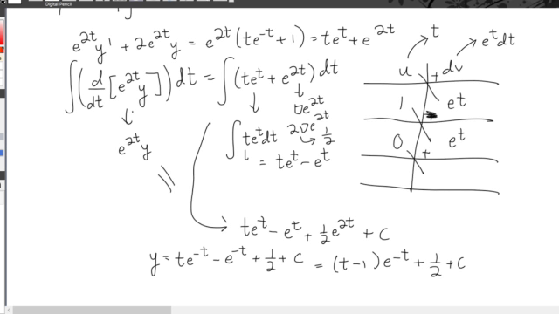Oh yeah, I think actually I was supposed to divide c by e to the power of 2t as well. So this is c times e to the power of negative 2t. So actually you can't combine the 1/2 and c. Okay, so that should be the right answer.